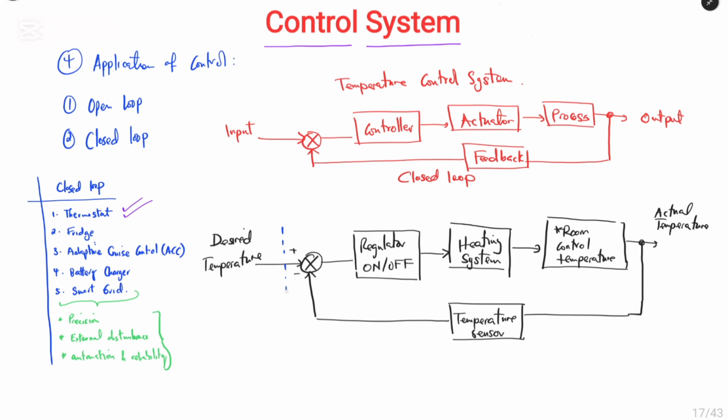And we can put the dot here to represent the thermostat, because previously we said the thermostat is responsible for regulating the temperature. Therefore, we have the regulator, which represents the thermostat, and it has the desired temperature with the actual temperature.